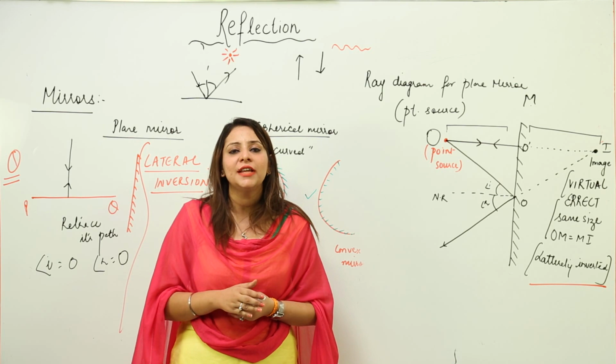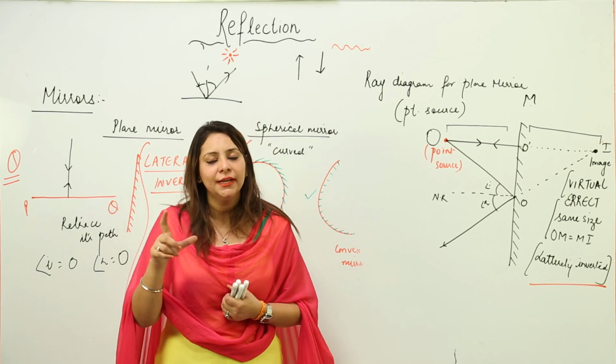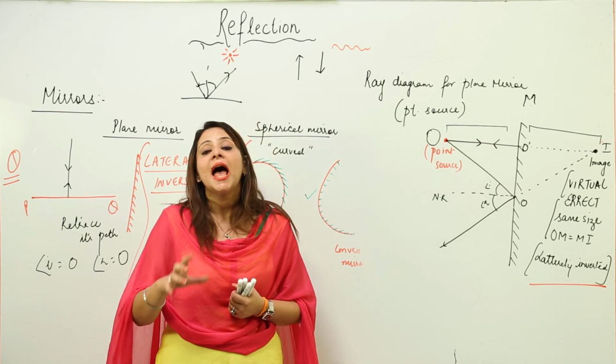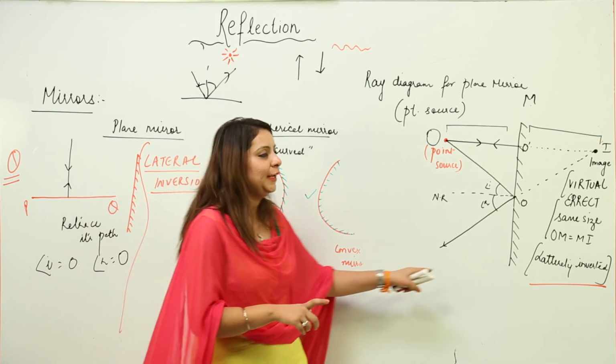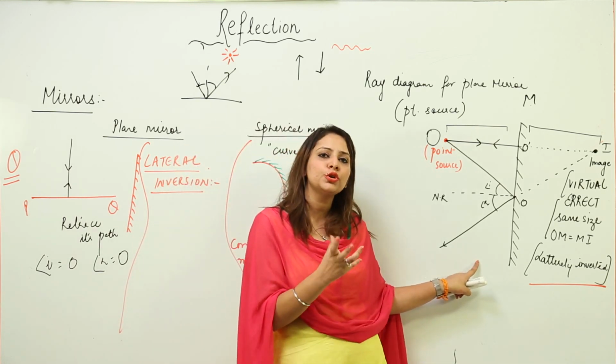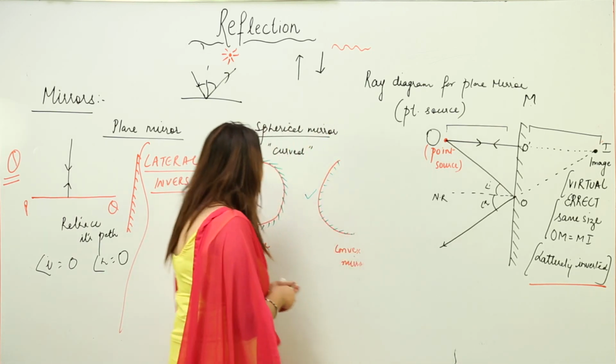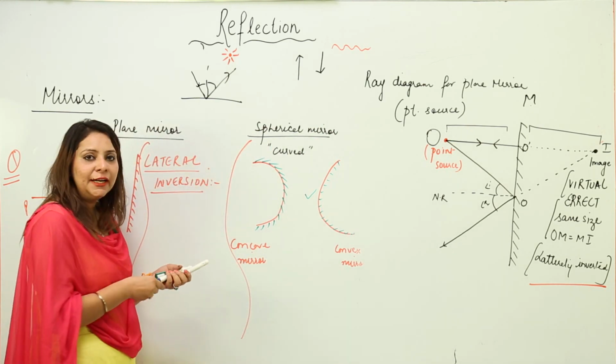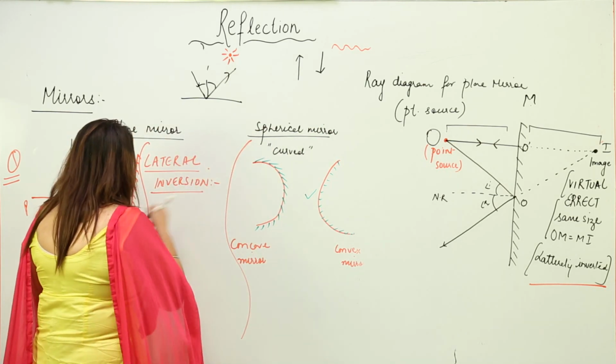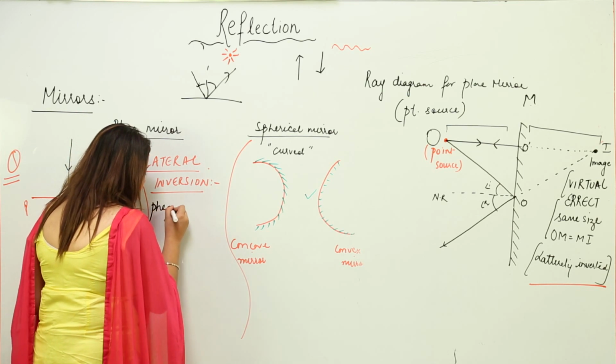So this kind of thing is called lateral inversion or laterally inverted, and this is a feature of the plane mirror. The plane mirror always shows this, that your left hand side becomes right and right becomes left.